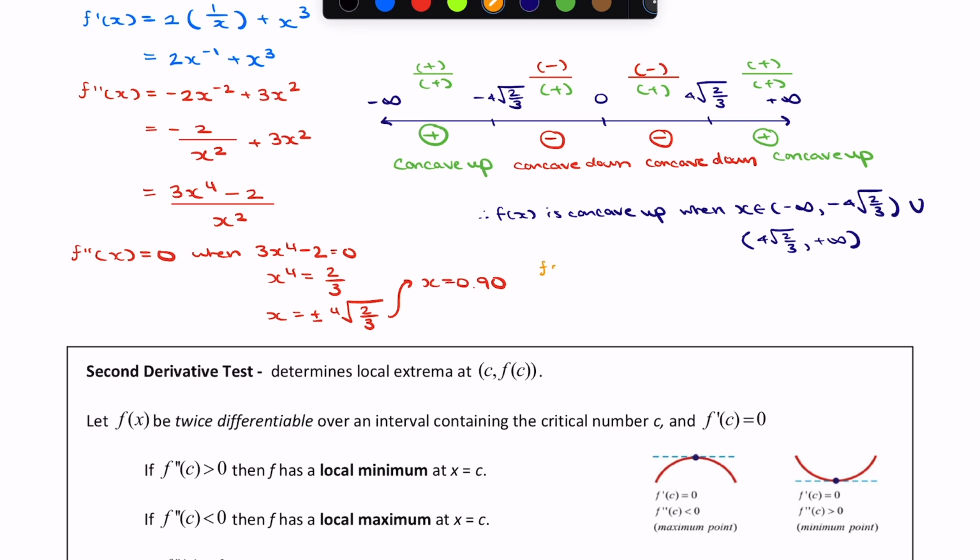And then f of x is concave down when x is between negative fourth root 2 over 3 and fourth root 2 over 3.